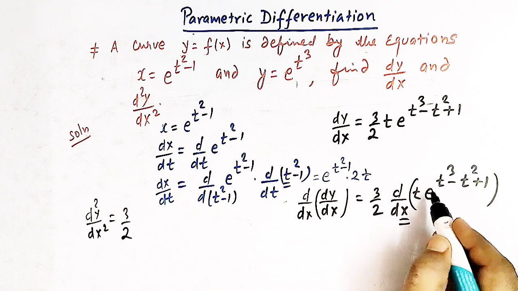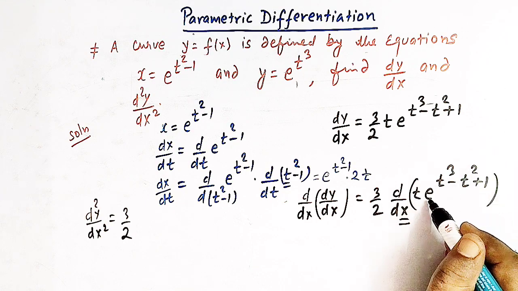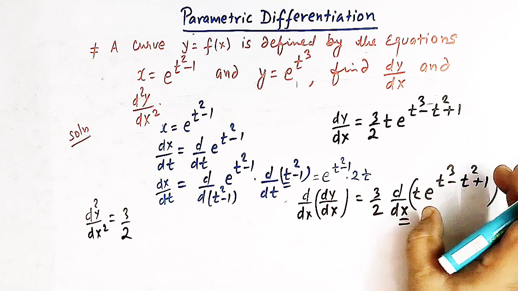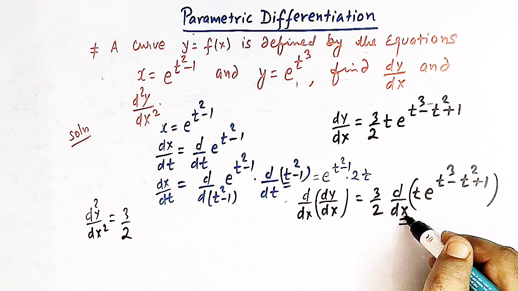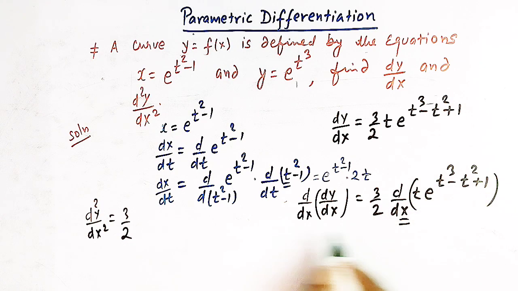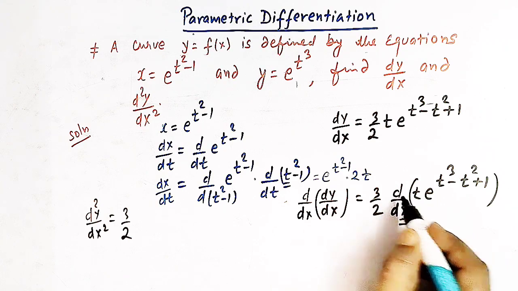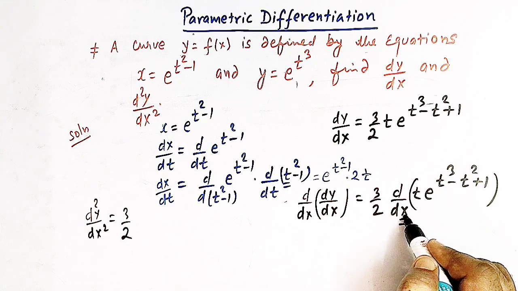Now see here we have the function of t, that is t e raised to t cube minus t square plus 1, and here we have to differentiate this function of t with respect to x. So what we will do, we'll here make use of the chain rule. So first we'll differentiate this function with respect to t.